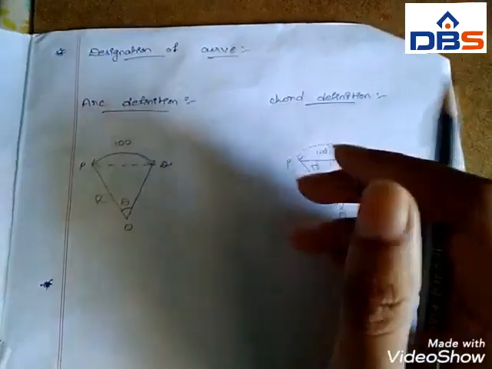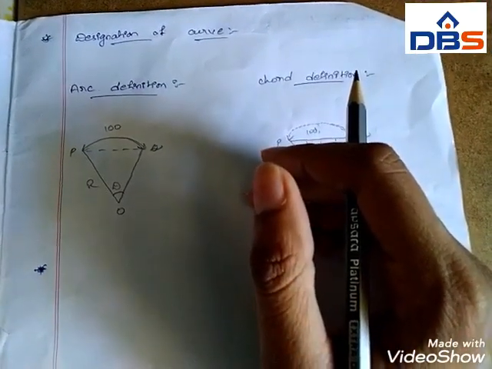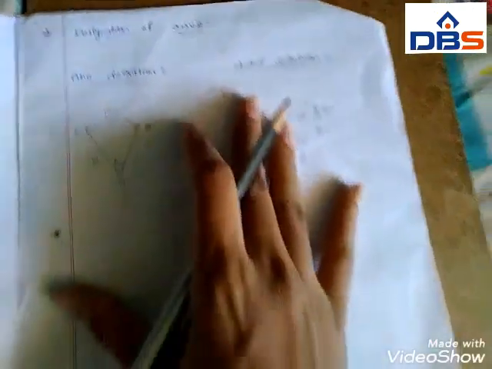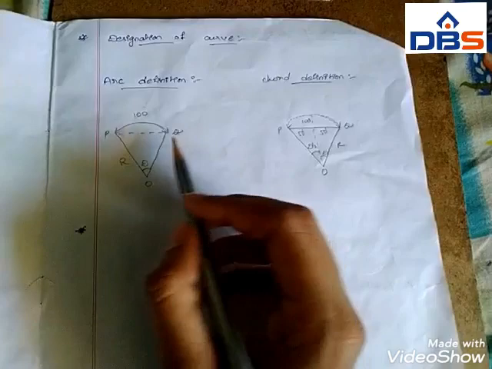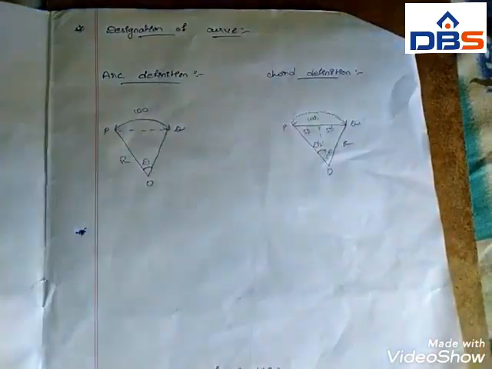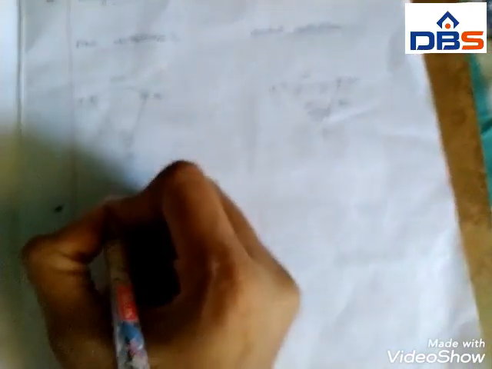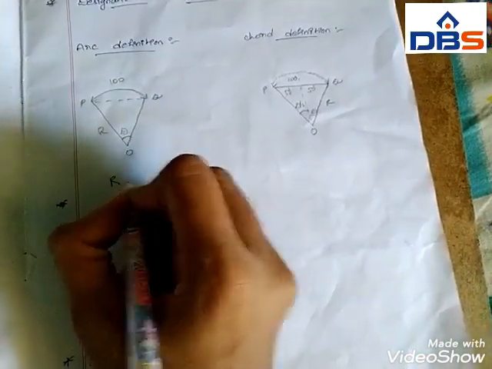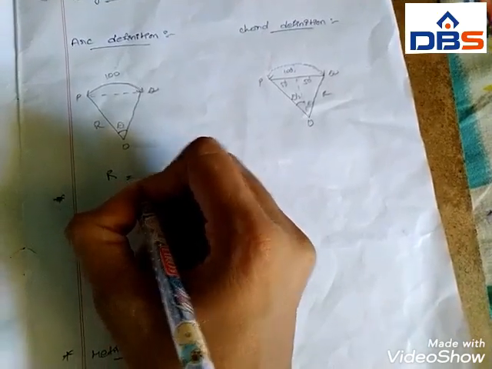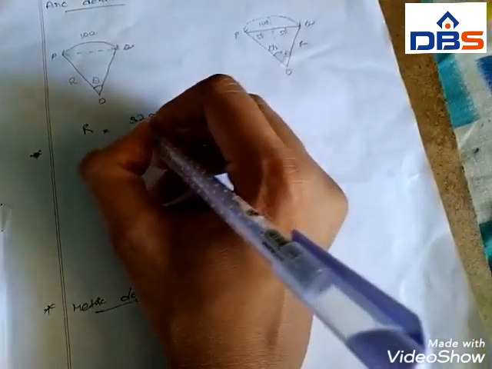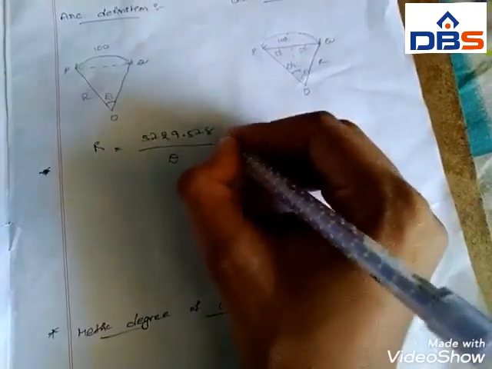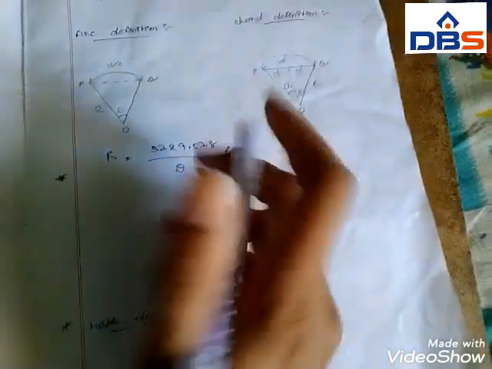The sharpness of the curve is designated either by its radius or by its degree of curvature. Here we have two types of designations, that is arc designation and chord designation. Arc designation is denoted with R equal to 5729.578 by D feet. So how do we get it?